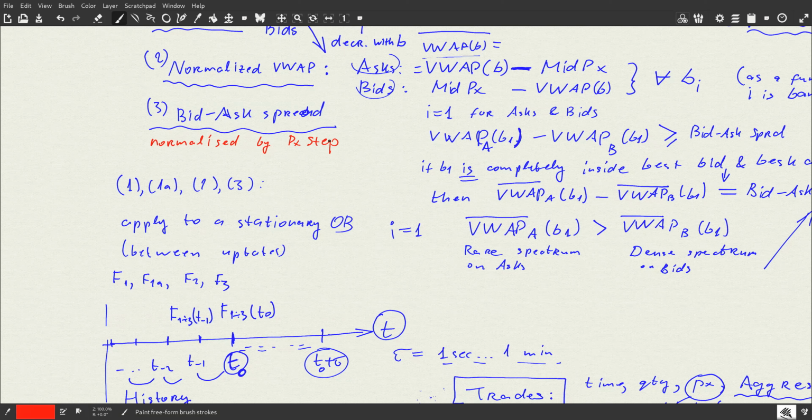What we want to do, because the original spectrum had precisely spectral bands calculated in the number of price steps, is this: let's divide these normalized VWAPs by price step as well.